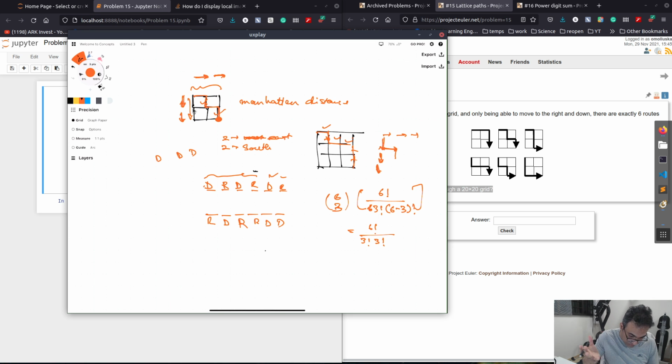You have no other choice. So this is the answer. If you have a 3 by 3 grid, it's that number. If you have a 20 by 20 grid, you'd have 40 factorial over 20 factorial times 20 factorial.